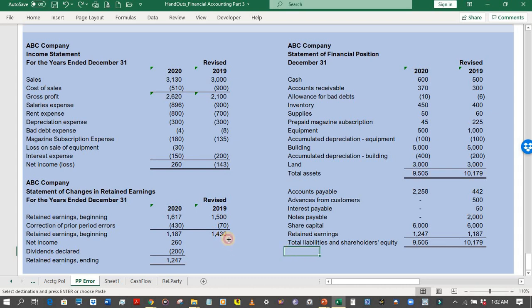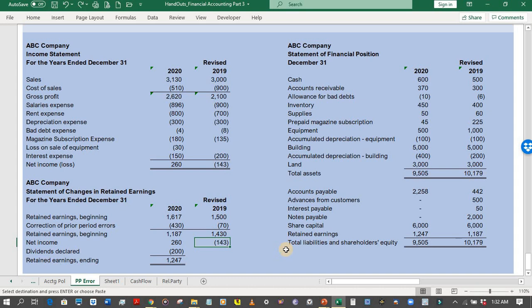And since the 1,430 pesos is already the adjusted beginning retained earnings in 2019, the net income to be added to the 1,430 should be the adjusted net income or net loss in 2019, and that is negative 143 pesos.